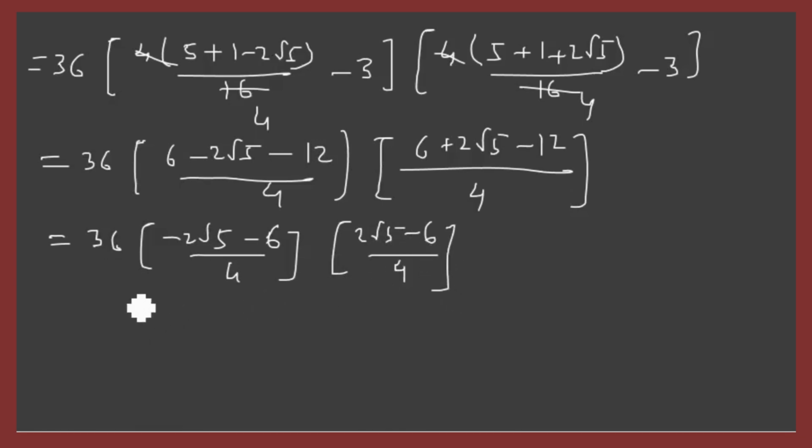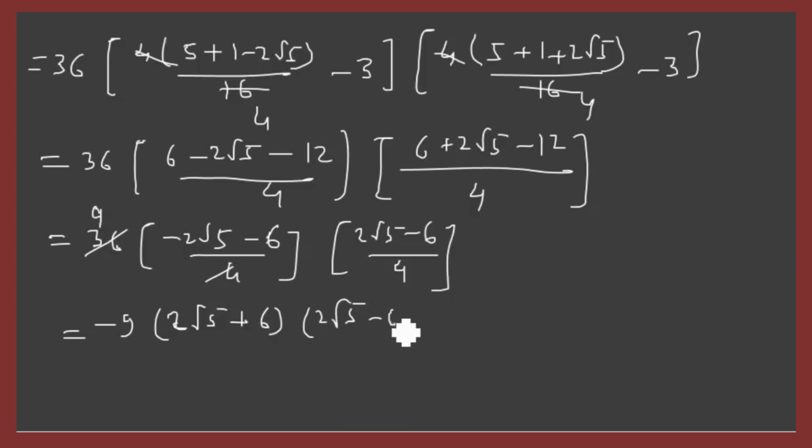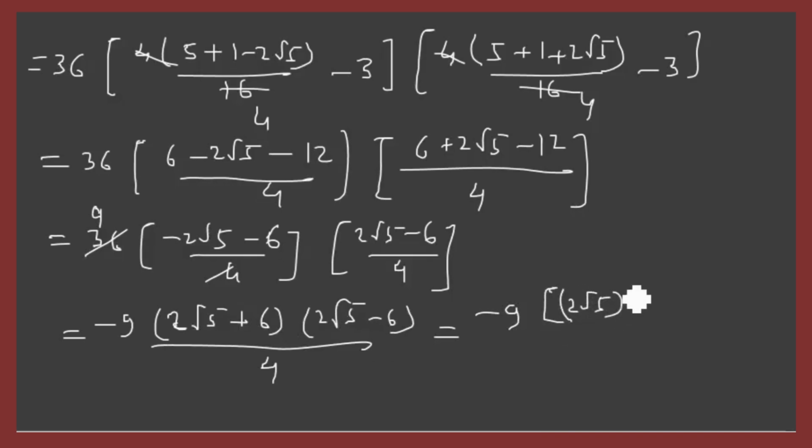Now what we can do here is cancel this out, so this is 9, and also take minus common, so this is minus 9, and we can write here (2 root 5 plus 6)(2 root 5 minus 6) divided by 4. Now this is the a plus b, a minus b identity applied, so (2 root 5) whole square minus 6 square, divided by 4.